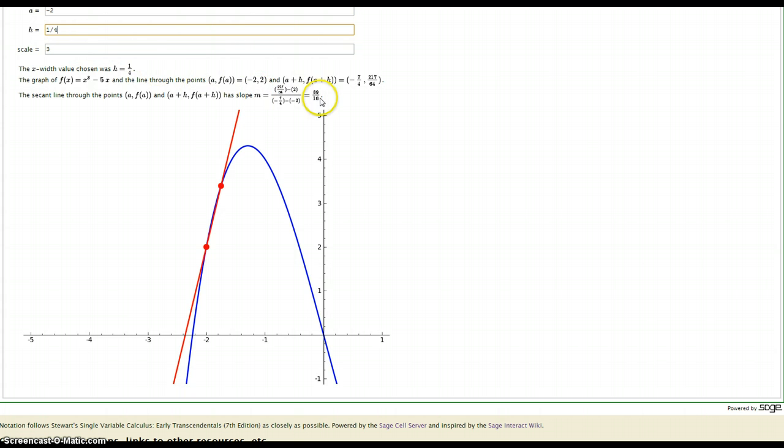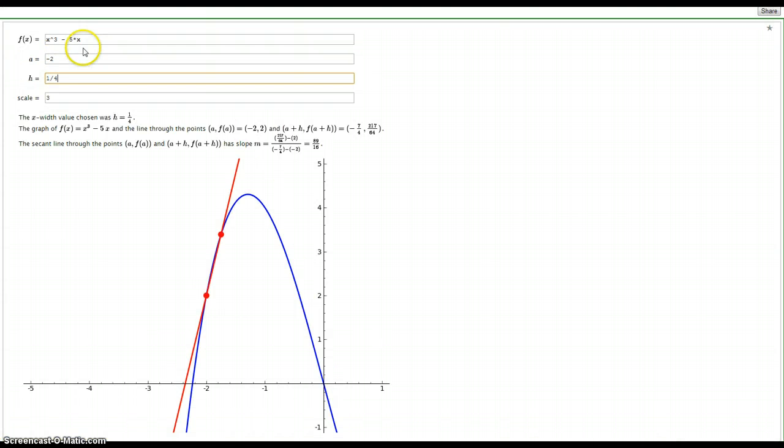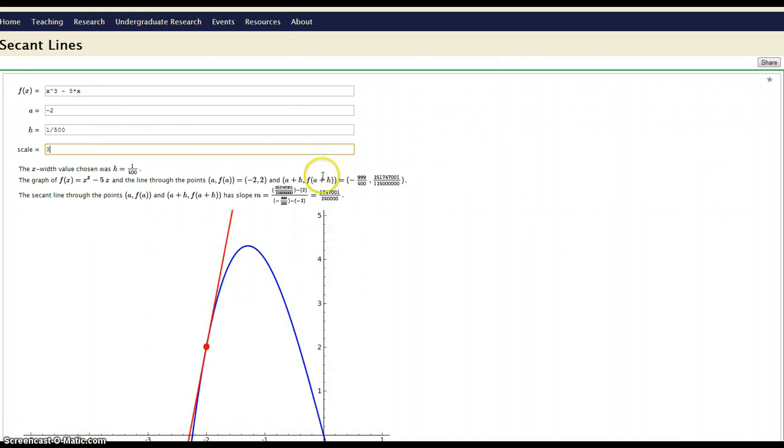So let's try, it's 89 over 16, whatever that is. But let's try changing the h value to 1 over 5. And yeah, who knows quite exactly what's going on. But the point is we can pay attention to these slope values. So 1 over 5, let's cut to the chase, maybe 1 over 50, maybe 1 over 500.